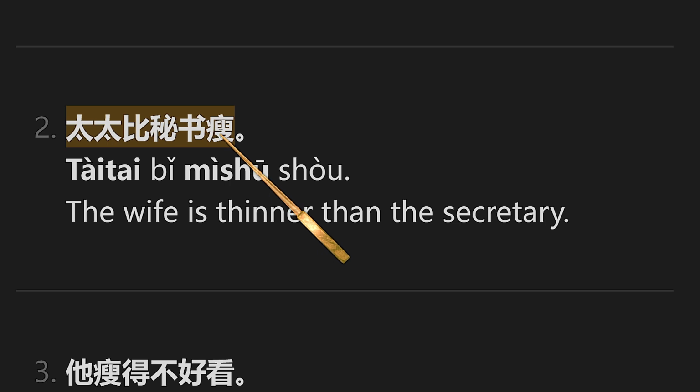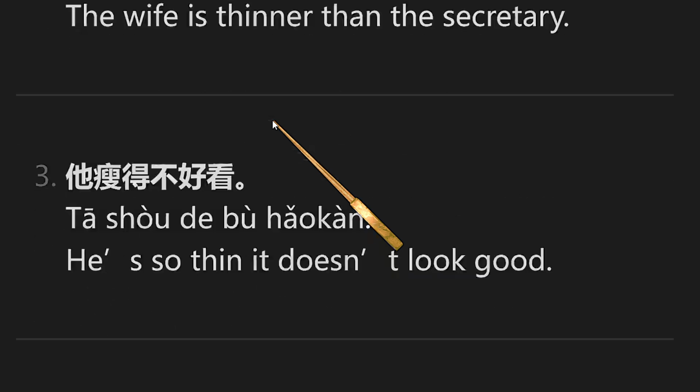In Chinese, just 瘦. In English, with R on the end, thinner. Here we just use 比 and everything is clear. 太太比秘书瘦. 太太比秘书瘦.